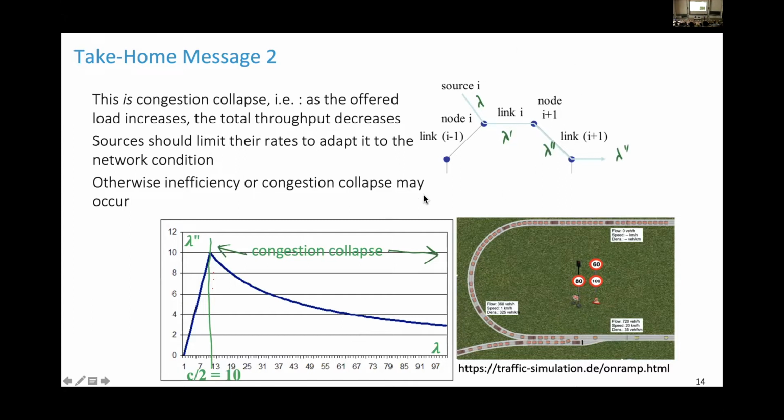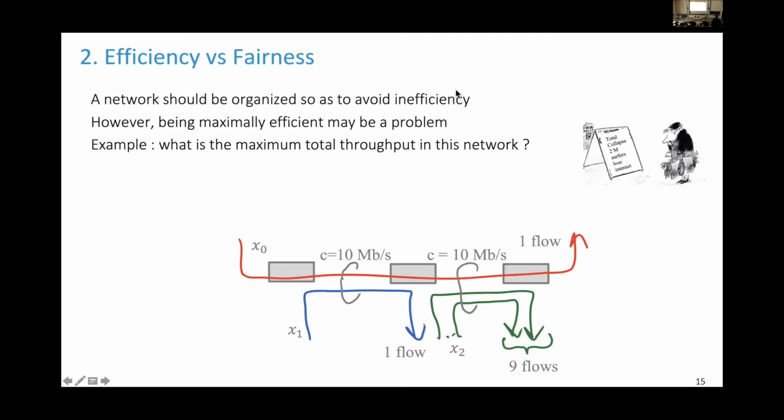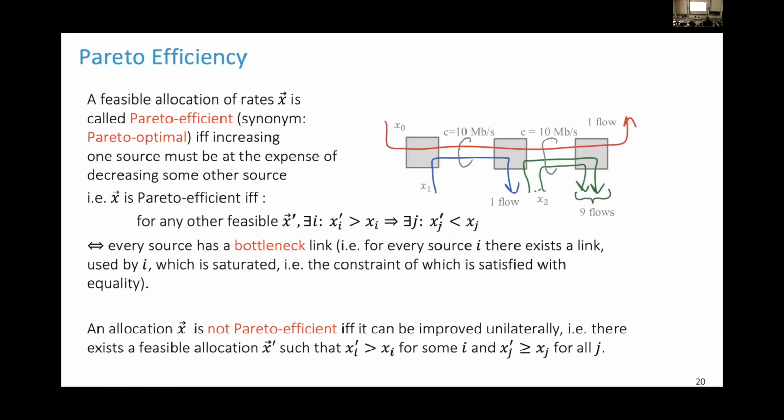To avoid such inefficiency and congestion collapse, sources should somehow adapt their rate to be maximally efficient. So what is the definition of maximally efficient? We observed Pareto efficiency. A collection of rates, X0, X1, and X2 in this example, is Pareto efficient if it cannot be improved unilaterally.